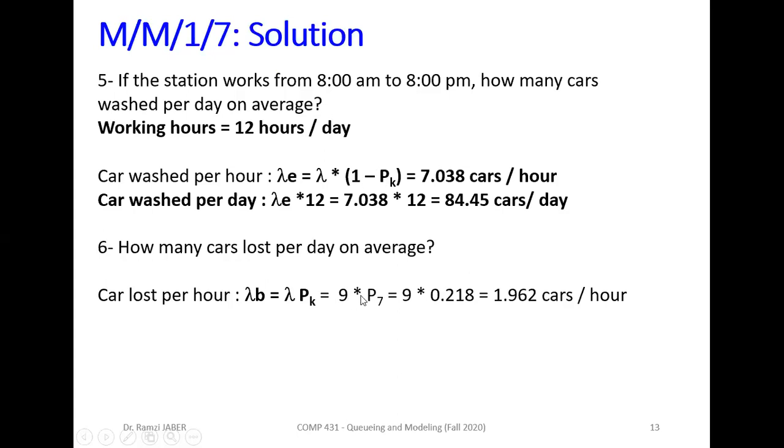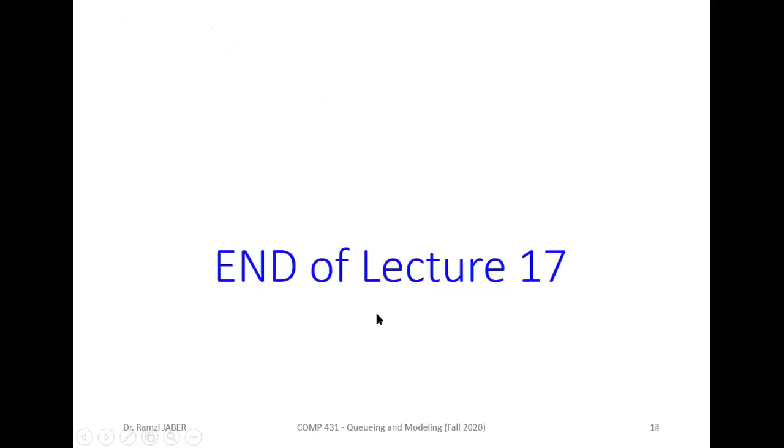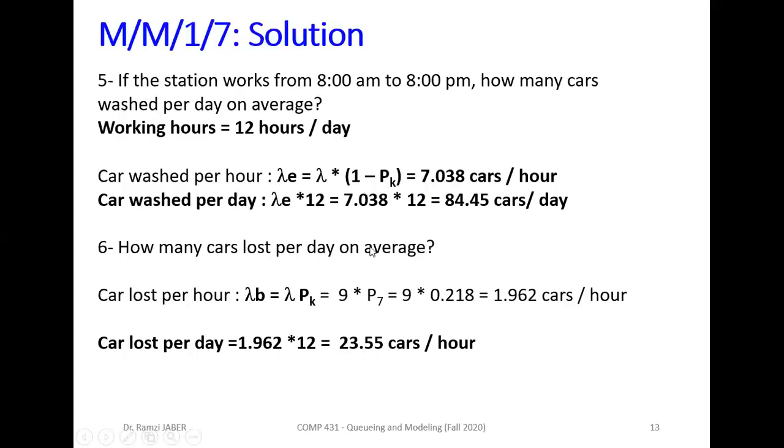Pk equals 9 times P7. P7 already calculated, so it will be around 2 cars per hour. Per day, times 12, it will be around 23 cars per day. Okay? Any question here?